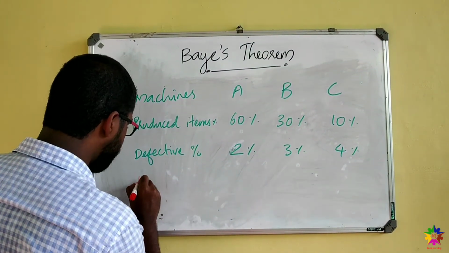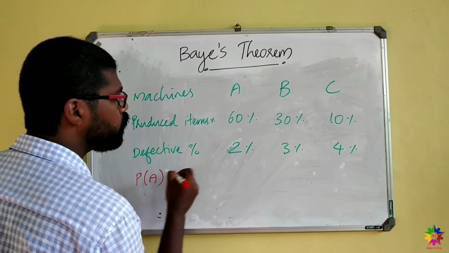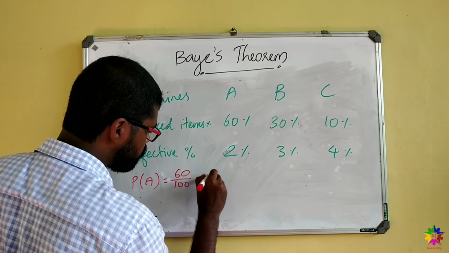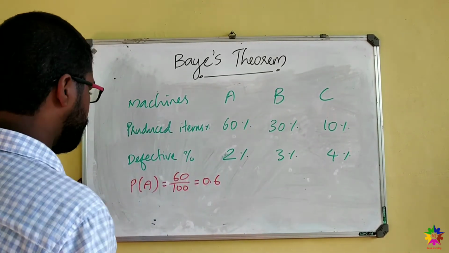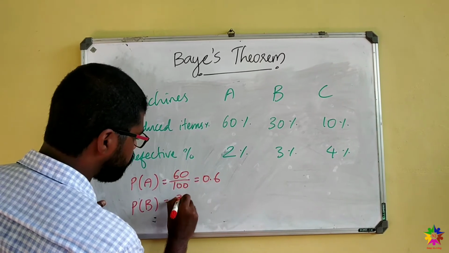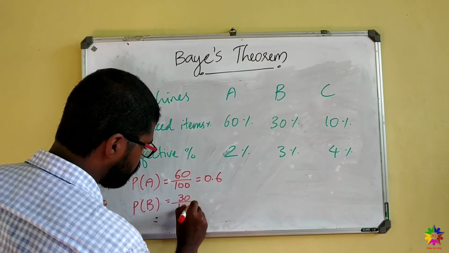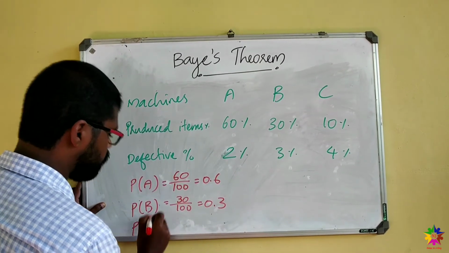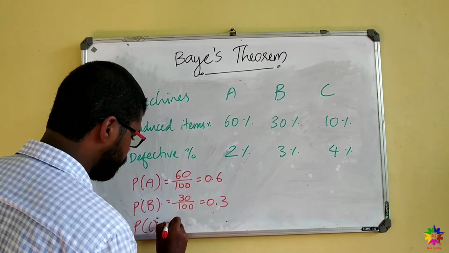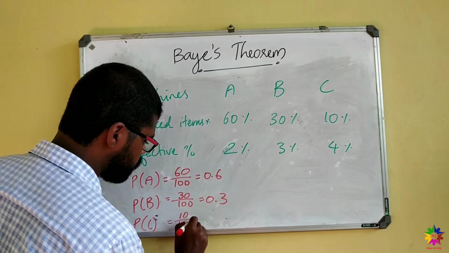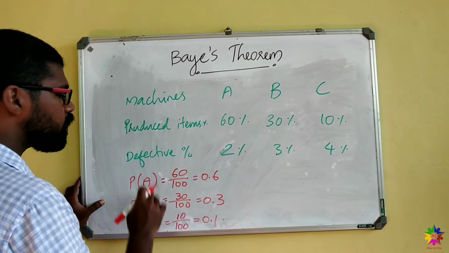That is, probability of A is equal to 60 by 100, so it will be 0.6. The probability of B will be 30 by 100, that is 0.3. And the probability of an item produced by machine C will be 10 by 100, equal to 0.1. So this is the normal probability case.